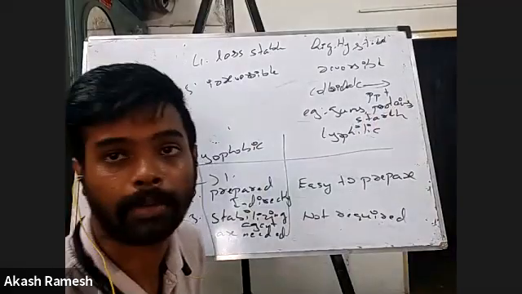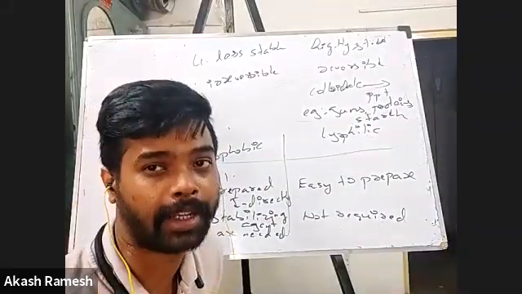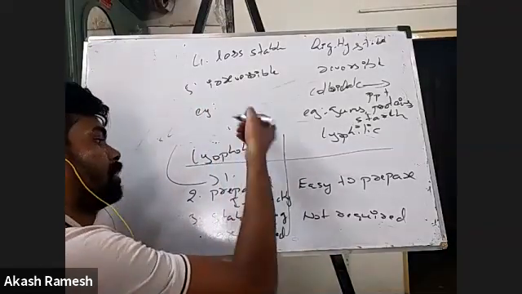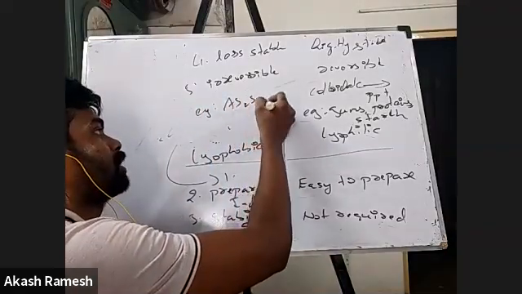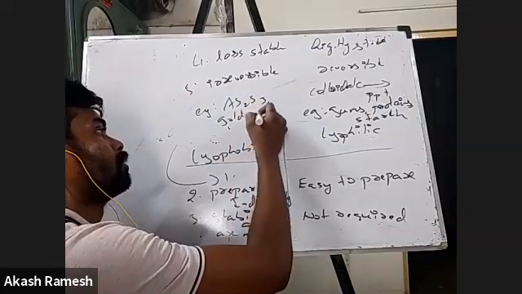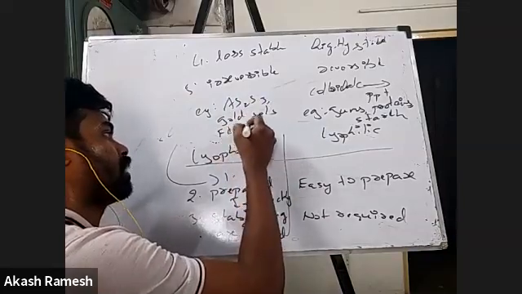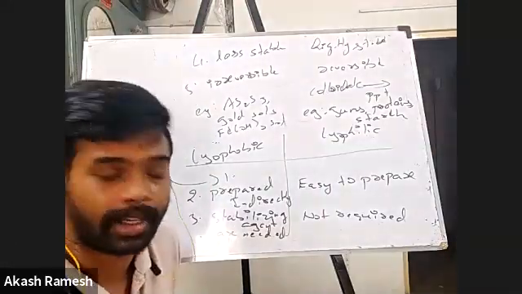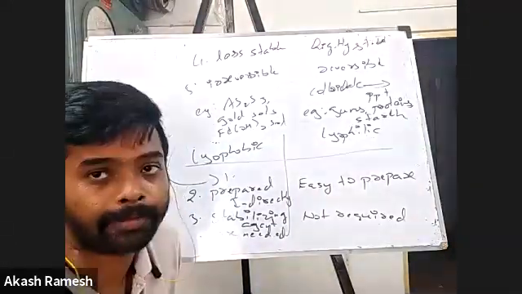All these are very good examples for lyophilic, right? And for lyophobic, you would have seen some examples here itself: As2S3, gold sol, Fe(OH)3 sol, right? All these are good examples for lyophobic.